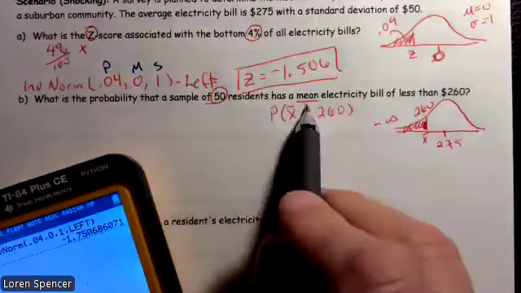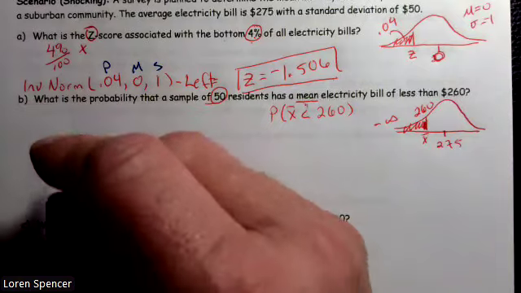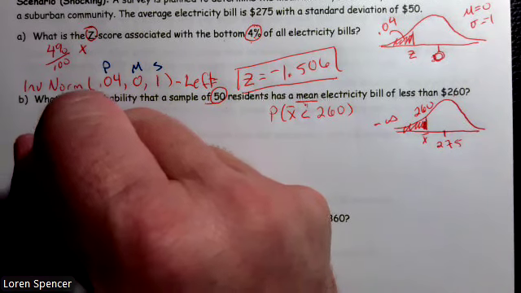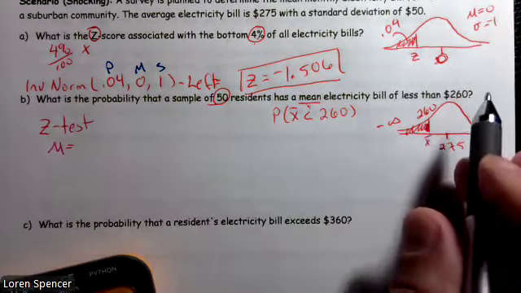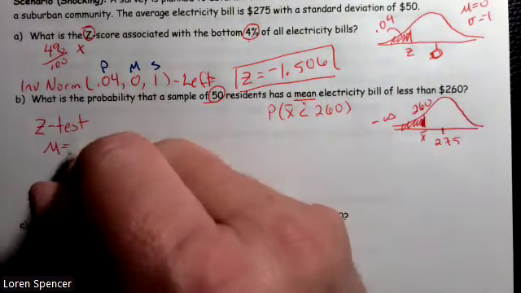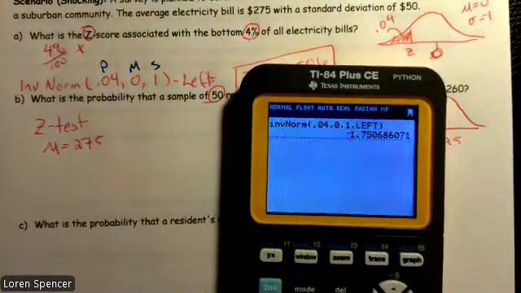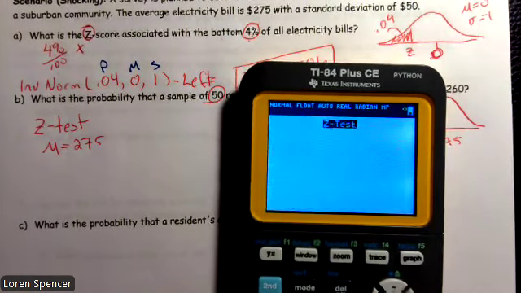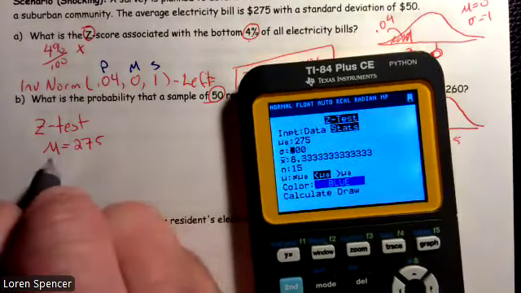All right, because I'm working with a mean, and by the way, I'm going to go ahead and write all my information down. I know that this is going to be a z-test. And in this case, my mean was given as 275. And let's look at the calculator so it can remind us. Stat, test, z-test, press enter. Mean, 275. It also asked for our standard deviation.